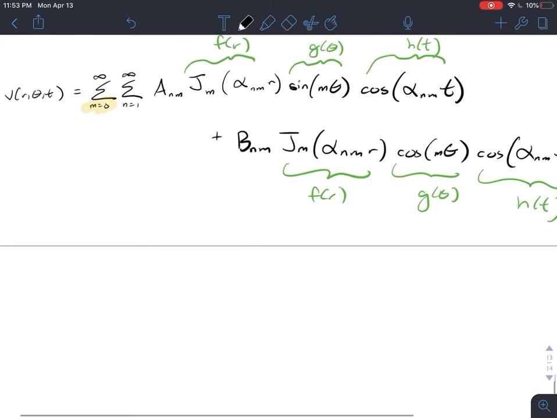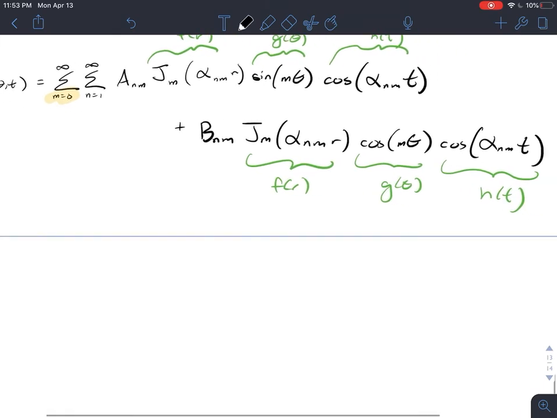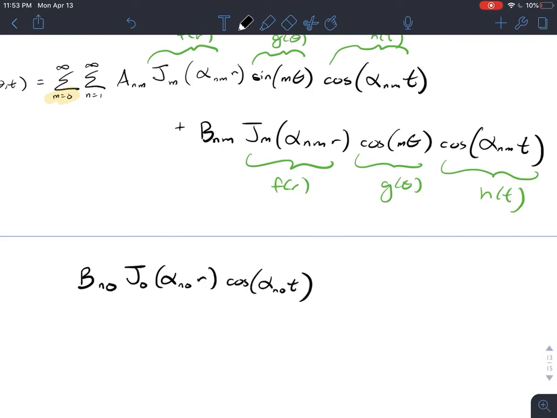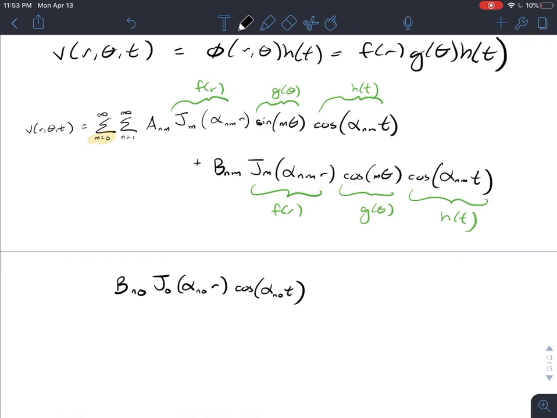Whereas here, if we take a look at the m equals 0 case, so let's isolate that case here: a_n0 J_0 alpha_n0 r times, so we're going to have the b_n term because the a_n term goes to 0, b_n0 cosine 0 times cosine alpha_n0 t. This corresponds to the case when m is equal to 0, and then n is arbitrary.